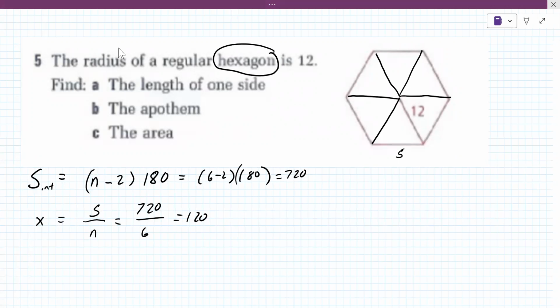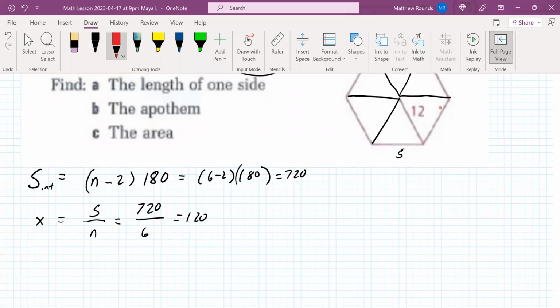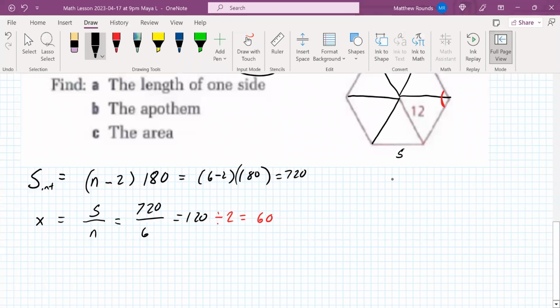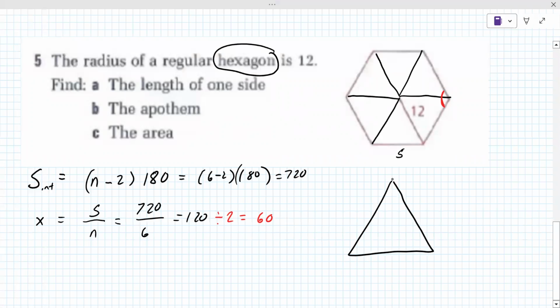So that refers to the whole angle here. If you cut it in half, you get 60. So each of these triangles here, that's kind of what I was trying to get you to tell me, is an equilateral triangle. Yeah. And really, the hexagon's the only one that gets that.